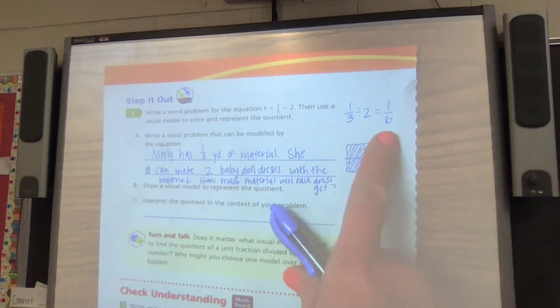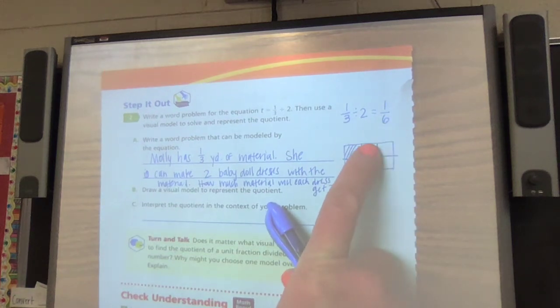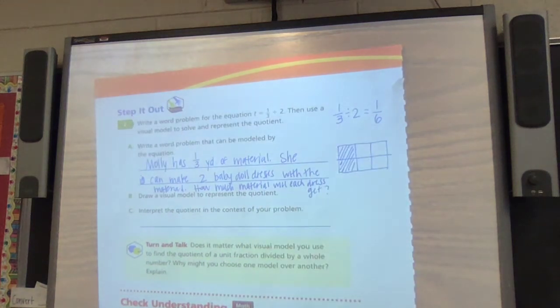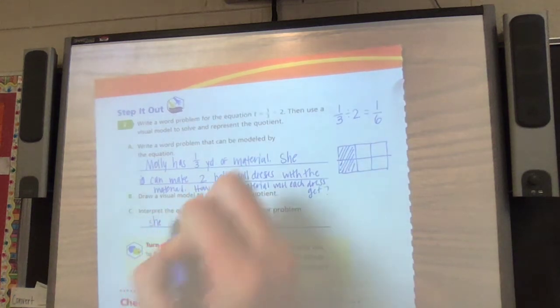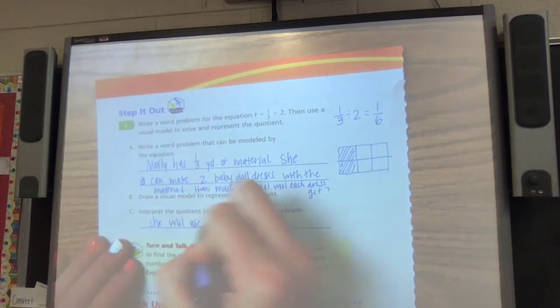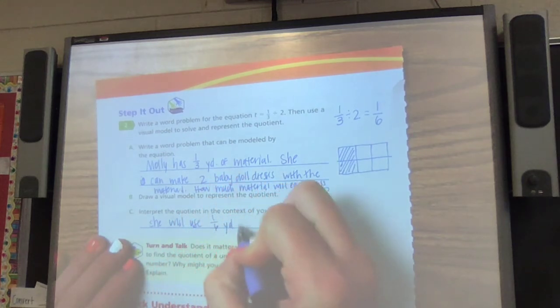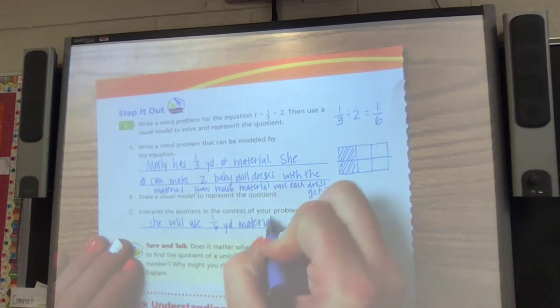1/6. And if we add them together, 1/6 plus 1/6 is 2/6. And we know that that's equivalent to 1/3. And interpret the quotient. So you could say she will use 1/6 yard of material on each dress.